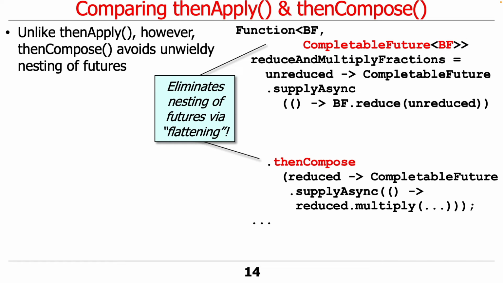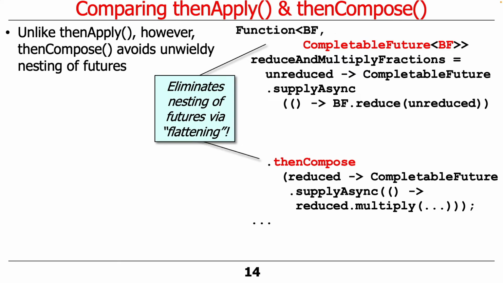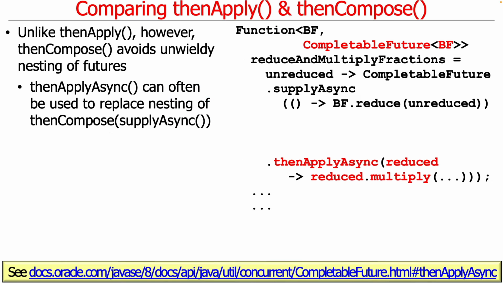So therefore, if you use thenCompose, it denests or flattens the results, so you end up with a completable future to a big fraction instead of a completable future to a completable future to a big fraction. So knowing this is very important, and it'll turn out to help you with the programming assignment, because when you use thenCompose properly, you don't end up with nested completable futures.